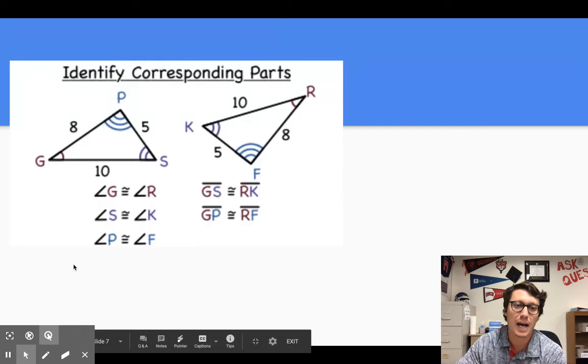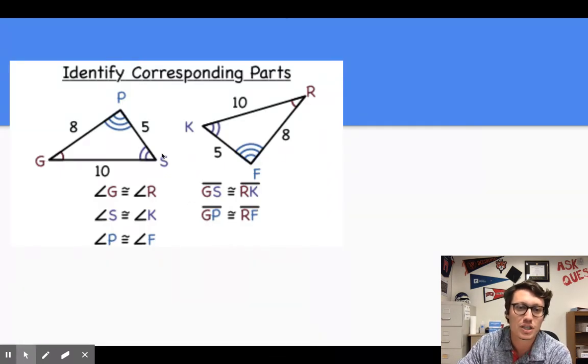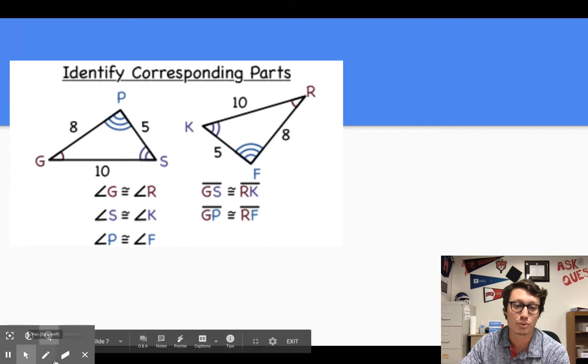If we go back, notice when we say that side length GS is corresponding and congruent to RK, notice G and R are the congruent angles. So G and R have to go first in this example. S and K are congruent and corresponding angles, so S and K in this example have to be written second.